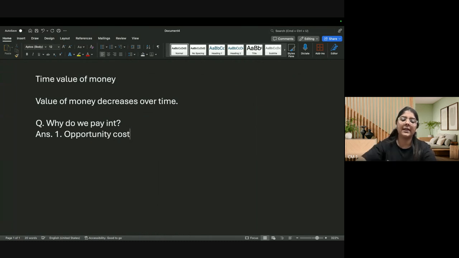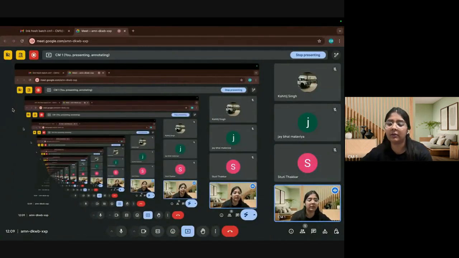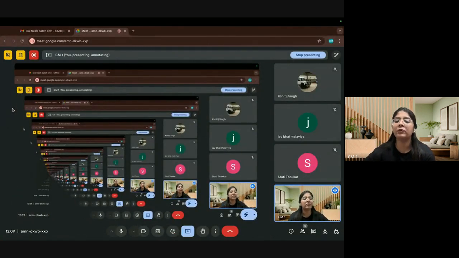As we always say, our wants are unlimited, but the resources we have to fulfill our wants are limited. So suppose you have a limited amount of money, say 1000 rupees, but there are various ways in which you can spend that 1000 rupees.